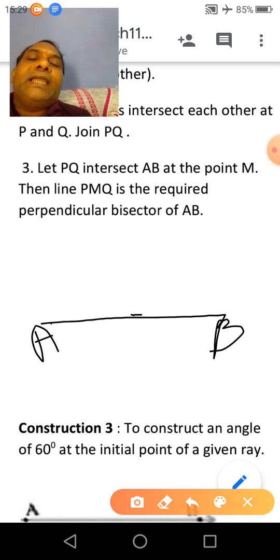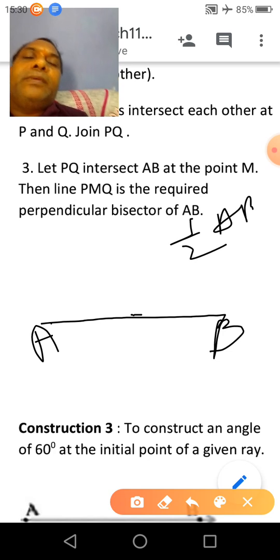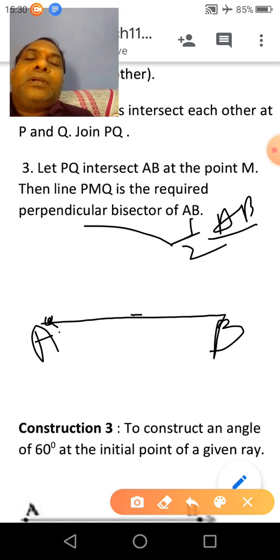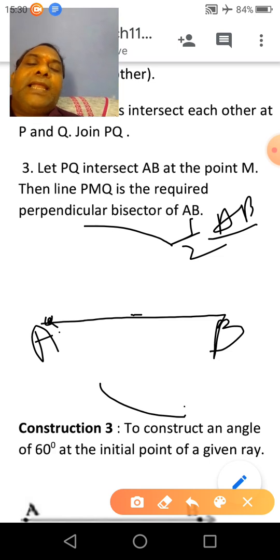So taking a radius of more than half of AB, clear? And with A as center, draw an arc on both sides of the line. Clear?